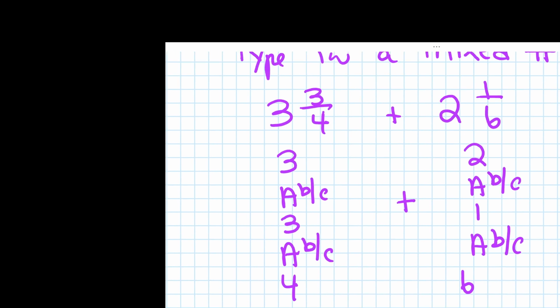You have to do that because you're telling the calculator that it's 3 and 3 over 4. I'll take your question in a minute. And we should get an answer.